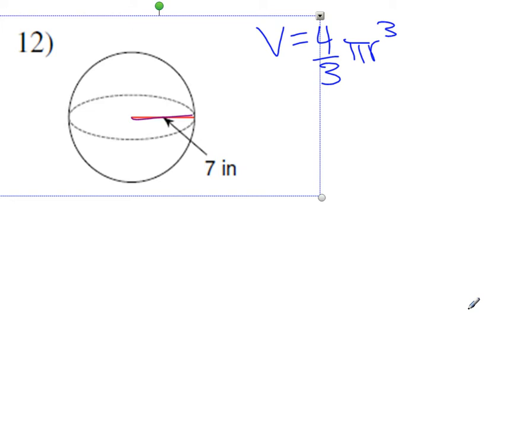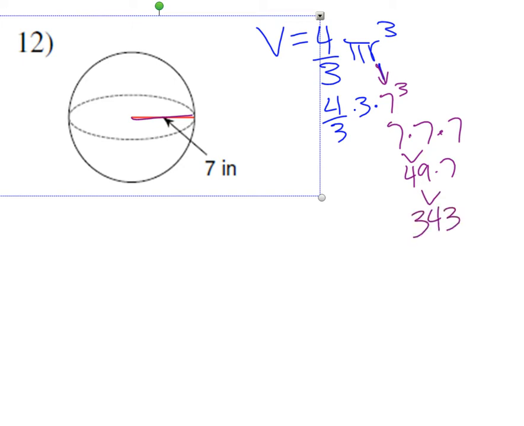What is our radius? 7. So we have 7 cubed. So we can actually write this one out, 7 times 7 times 7. So this is 49 times 7, which is not 149, it's 343.